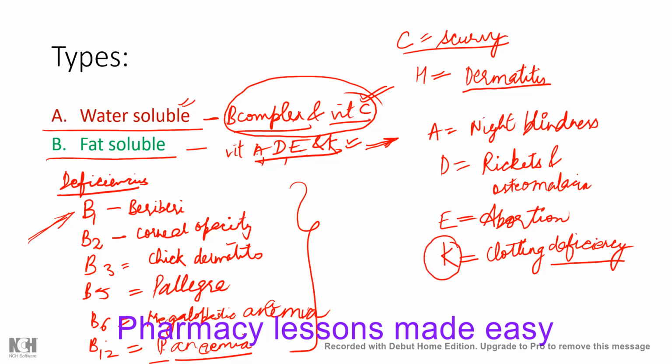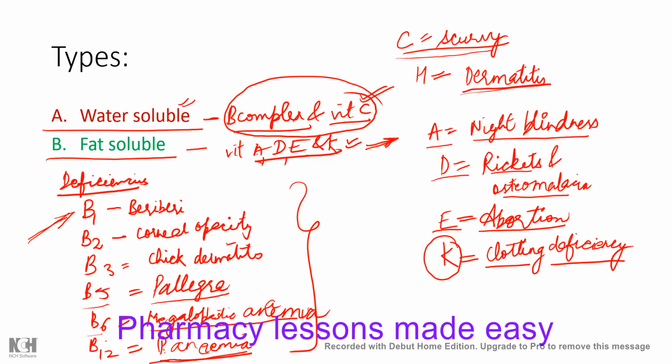So vitamin K deficiency causes clotting deficiency, vitamin E deficiency causes abortion, vitamin D deficiency causes rickets and osteomalacia, vitamin A deficiency causes night blindness, H deficiency causes dermatitis, vitamin C deficiency causes scurvy, vitamin B12 deficiency causes pernicious anemia, vitamin B6 deficiency causes megaloblastic anemia, vitamin B5 deficiency causes pellagra.